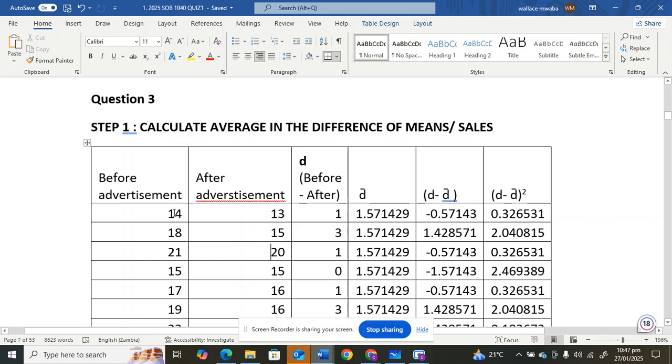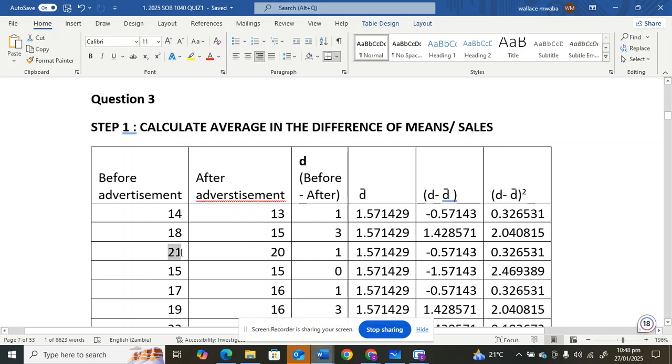So for this one, it was 14, and after the advertisement, the sales went down to 13. So 14 minus 13, 1. For this next product, the sales before the advertisement, 18. After the advertisement, the sales dropped to 15. 18 minus 15, 3.